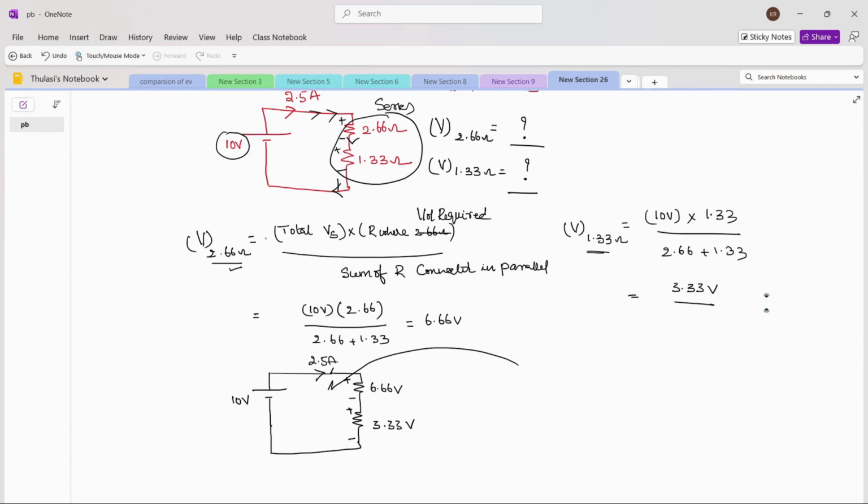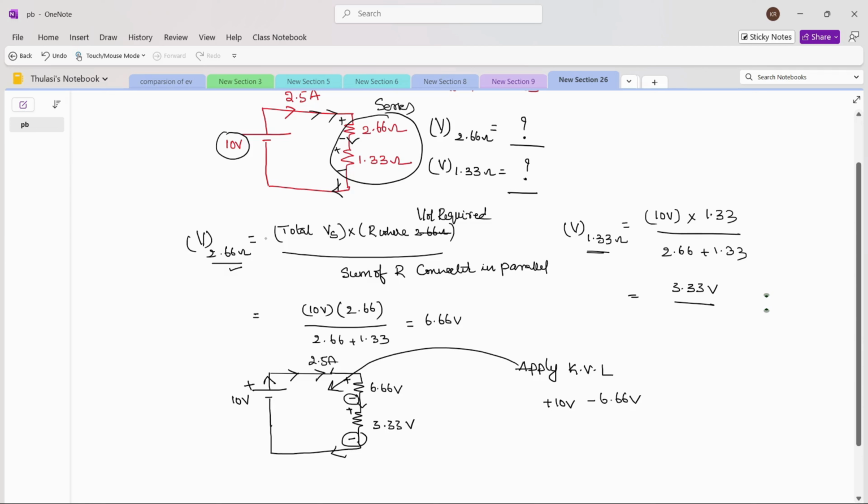To cross check our answer, let us apply Kirchhoff's voltage law. You can see here current is leaving. What is the leaving polarity of the voltage? Plus. This is plus 10 volts. Current is leaving. What is the leaving terminal of the voltage? Minus 6.66 volts. Current is leaving.